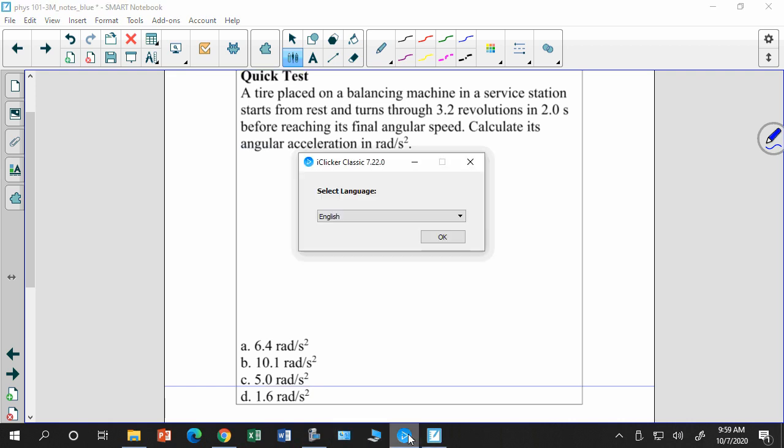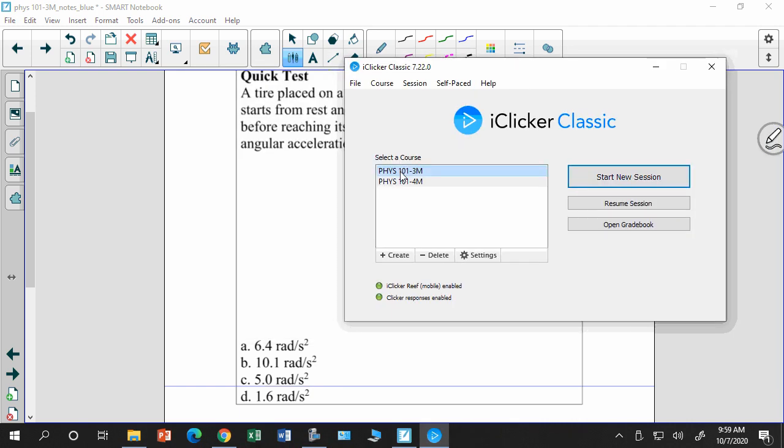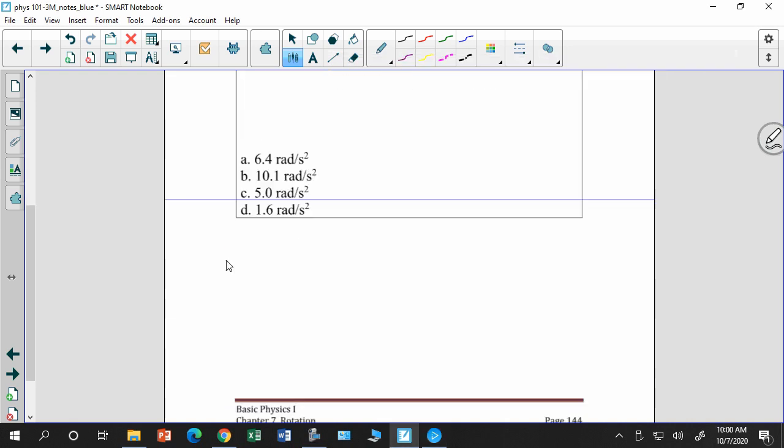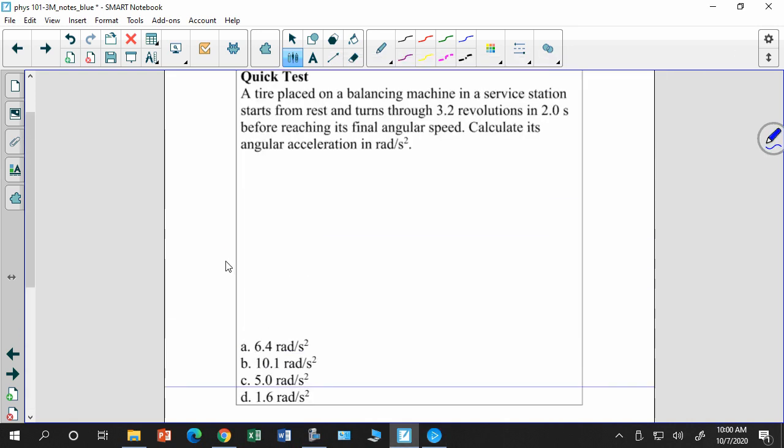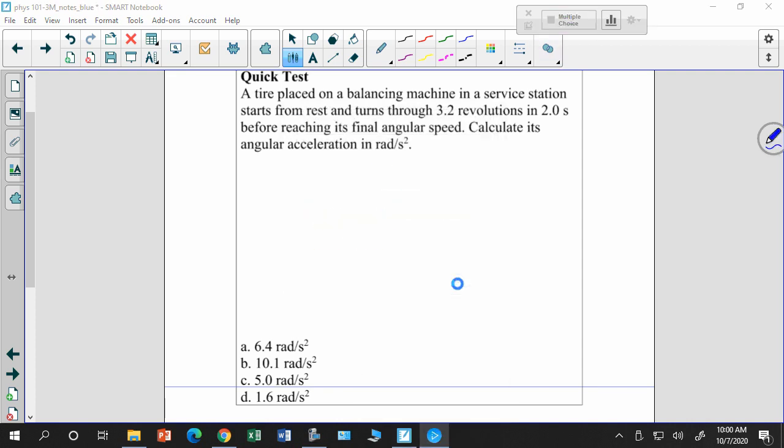So you can either convert everything right away in the beginning, that might be easier, or you can convert your answer in the end. So on page 144, it starts from rest, goes to an angular displacement of 3.2 revolutions in 2 seconds. I want to know its angular acceleration.